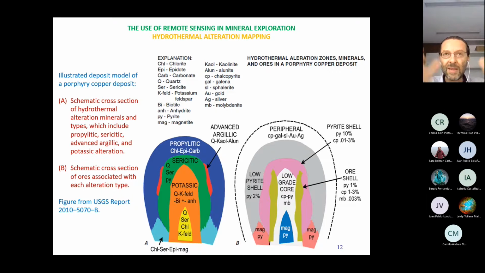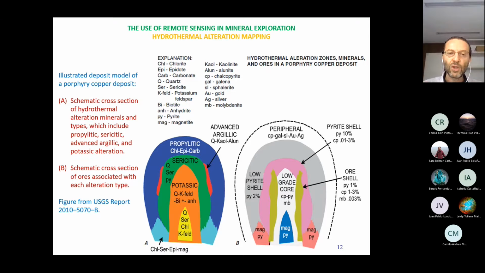So it is a system that reflects the evolution of the fluids associated with volcanic activity. And we have two sources of fluids. One comes from the magma, and the other one is the meteoric waters that get heated and that get mixed with the volcanic fluids, and a lot of chemical processes happen.